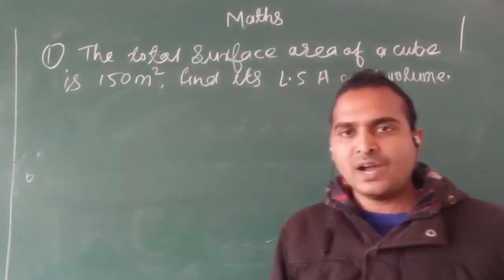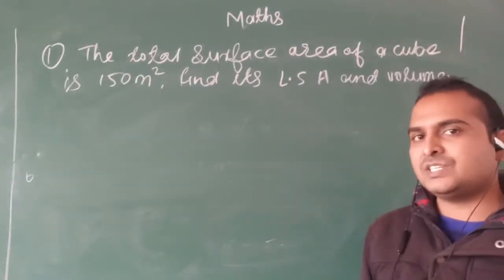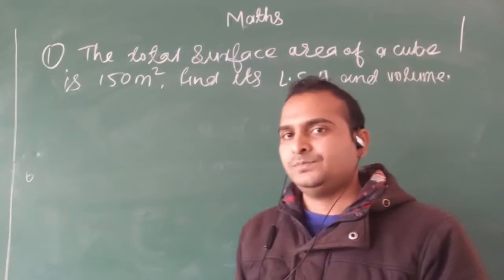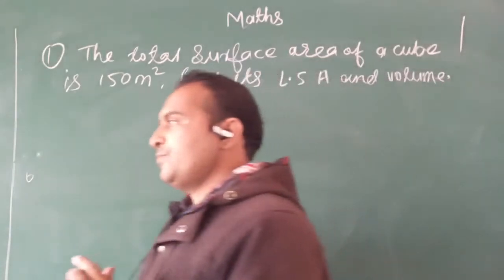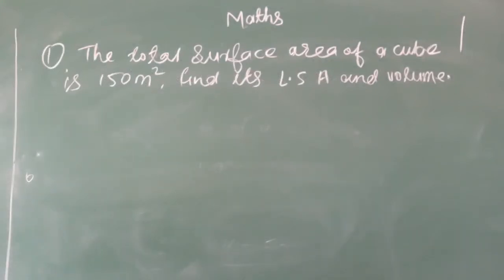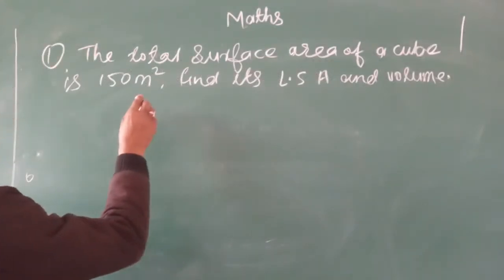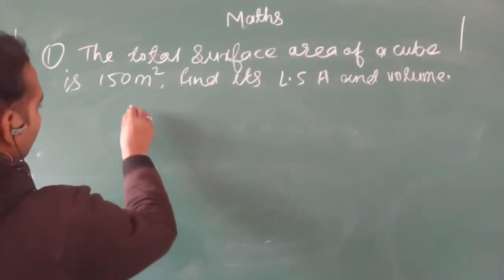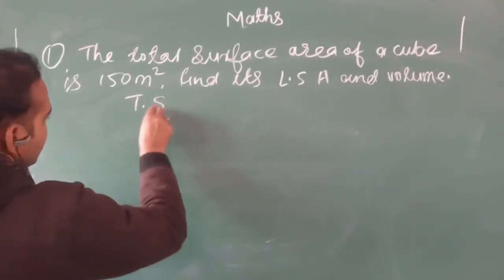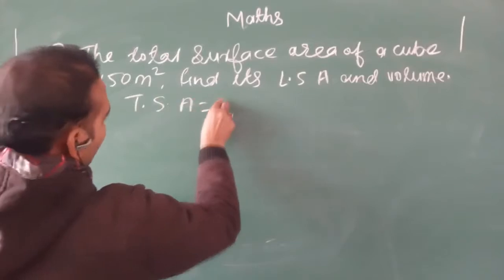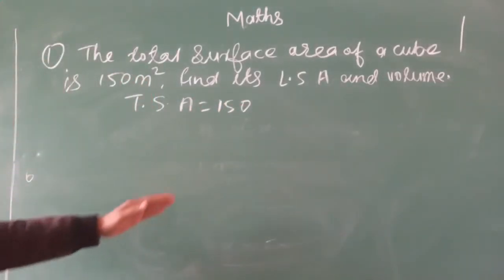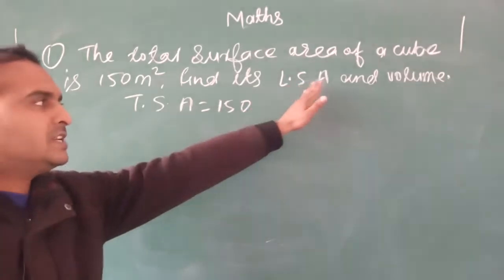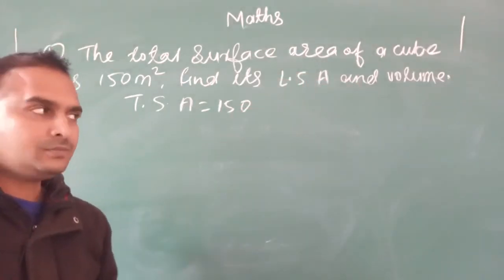There are three things that you have to remember: whatever is given, what to find, and how to find. Whatever is given is the total surface area, 150 meters square. And what to find? You have to find the lateral surface area and volume of the cube.